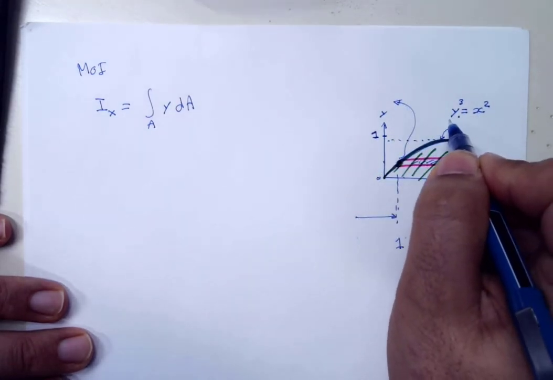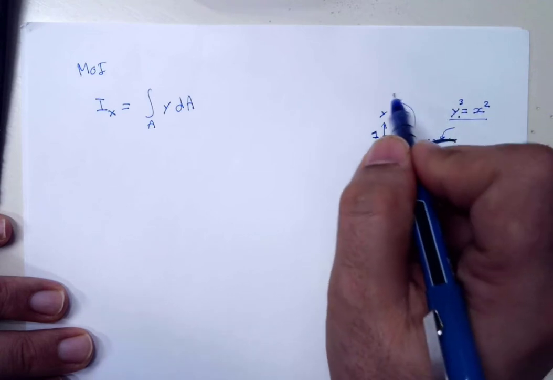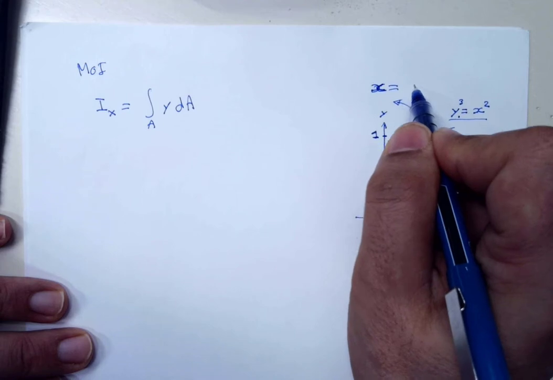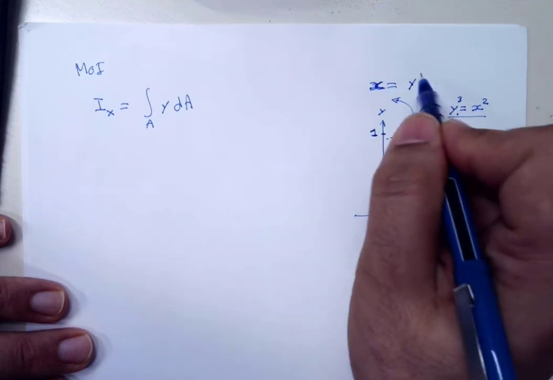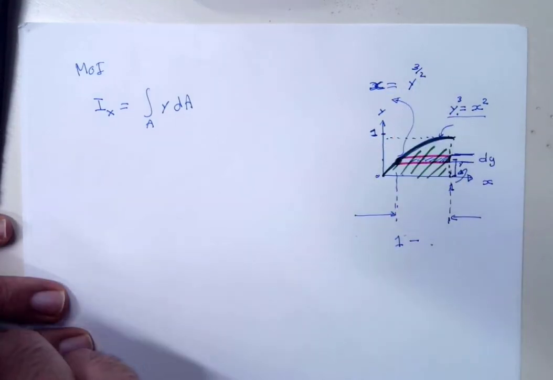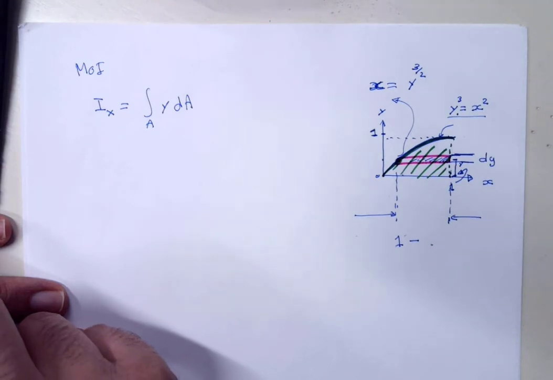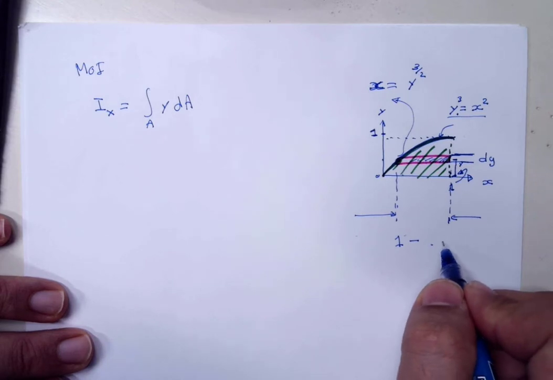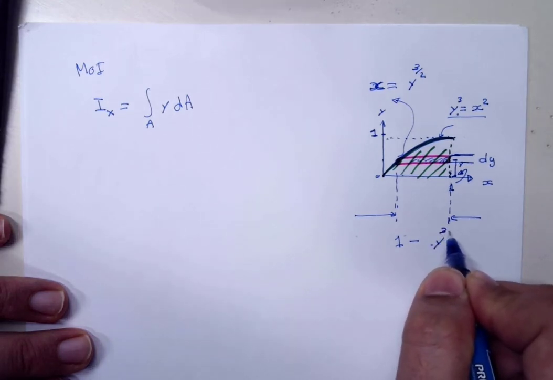Look at this equation. If you take the square root of both sides, it gives you x equal to y to the 3 over 2, and we take the positive because we are in the first quadrant. So this is equal to y to the 3 over 2.